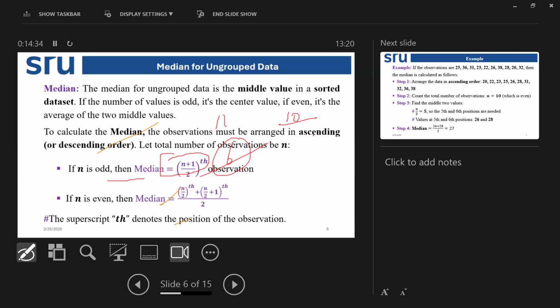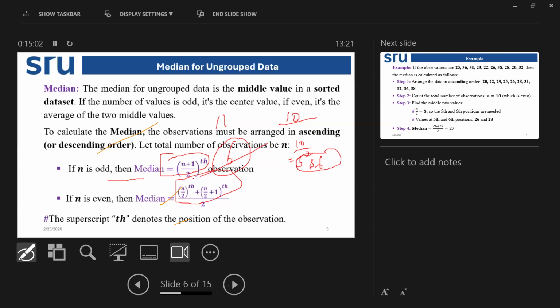So 10 by 2 is 5. Next, 10 by 2 plus 1 is 6. So now 5 and 6. Whatever the observed values are in position 5 and position 6, we will take the average of those values. So that's the meaning here. Don't take the value directly.